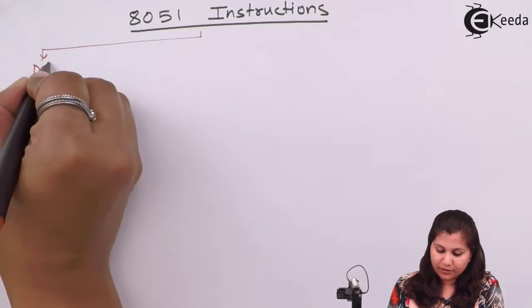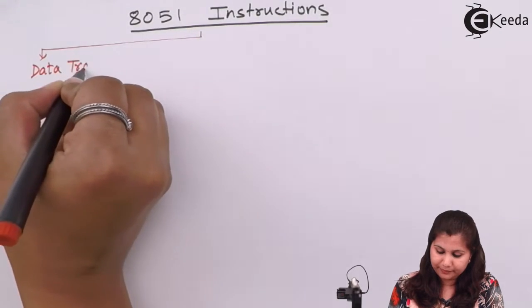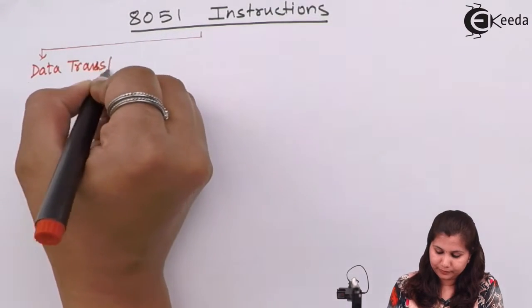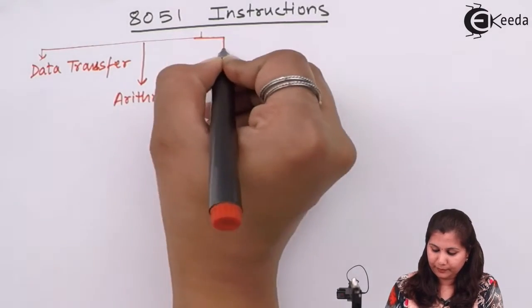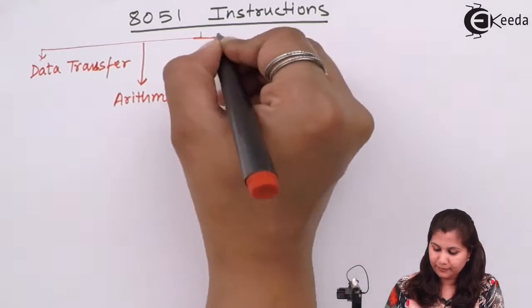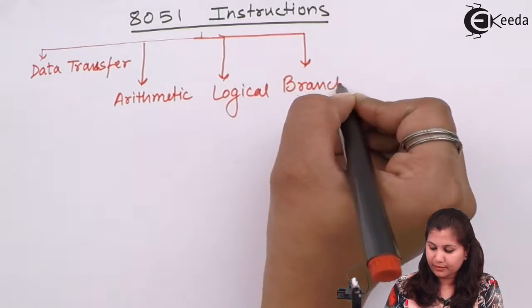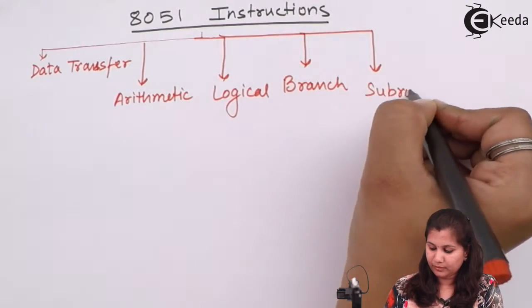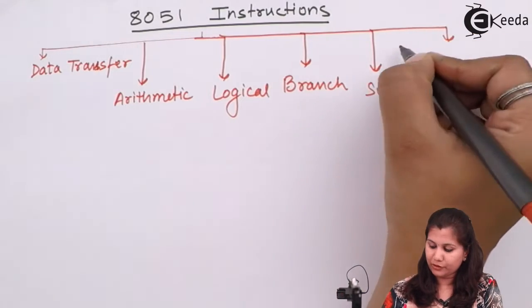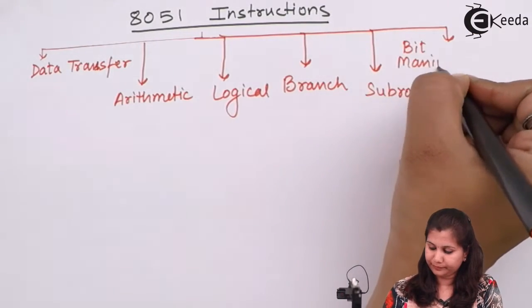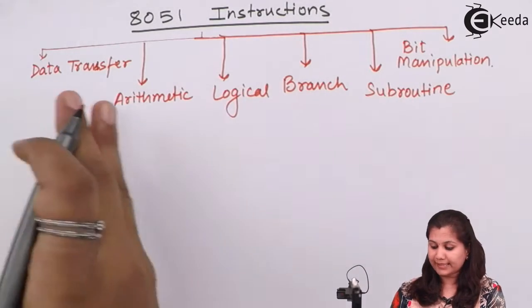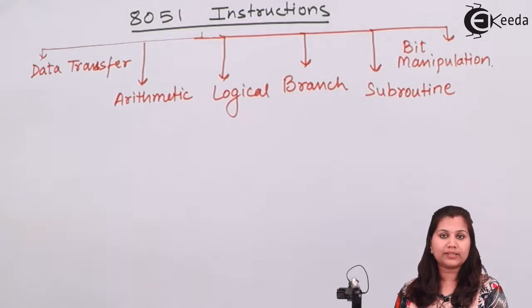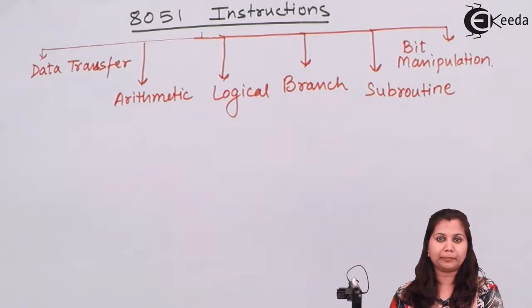First is data transfer instructions. So these are the 6 categories into which all the instructions of the 8051 microcontroller are classified.